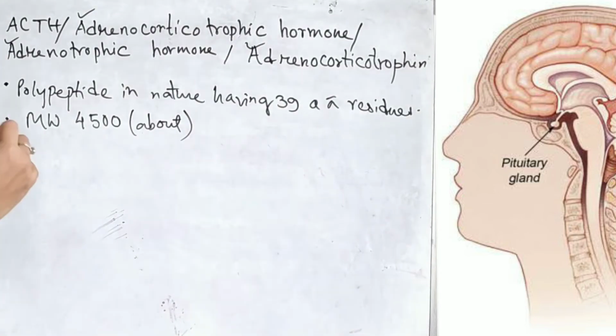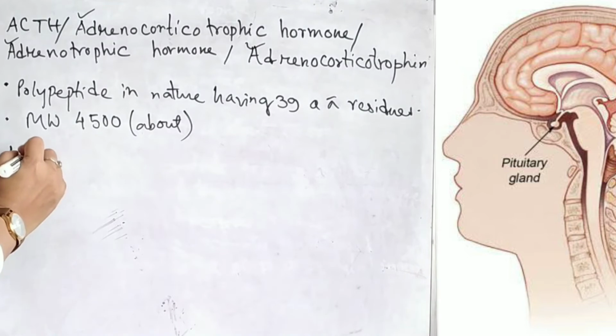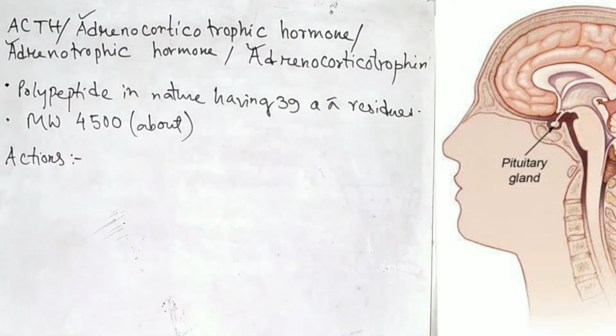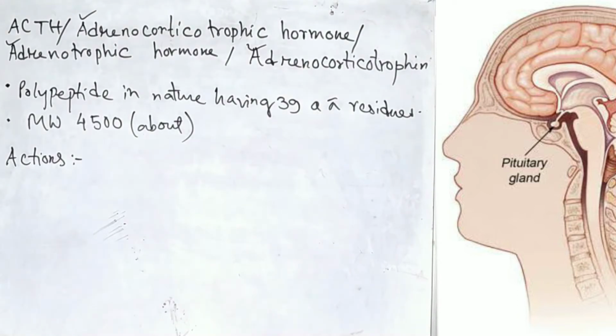Now moving to the actions. Generally, the ACTH hormone is made in the corticotroph cells of the anterior pituitary. It is secreted in several intermittent pulses during the day into the bloodstream.